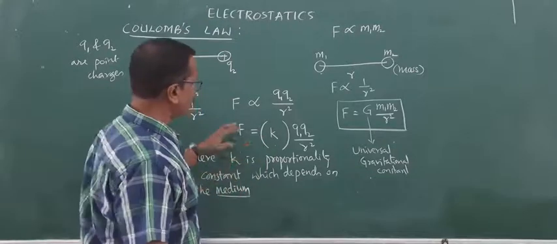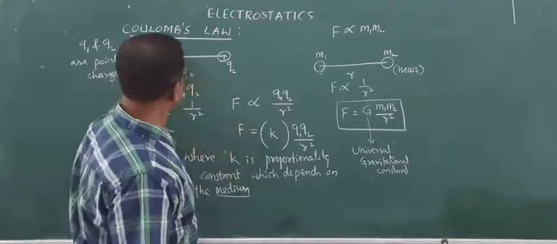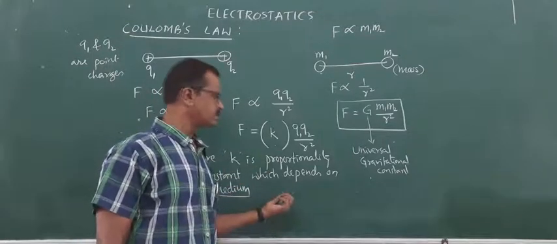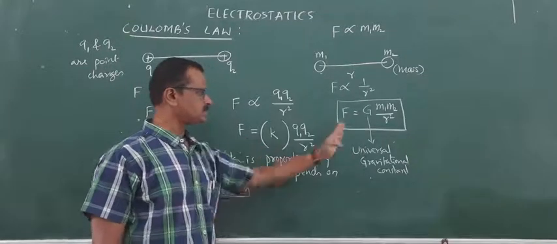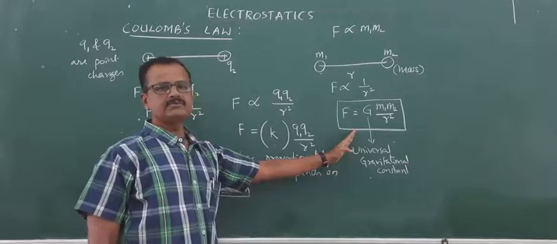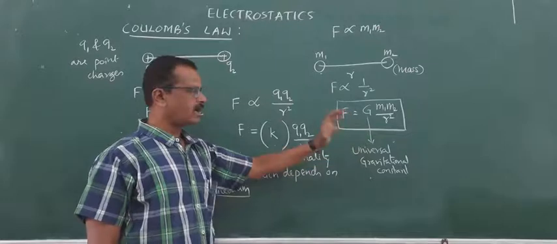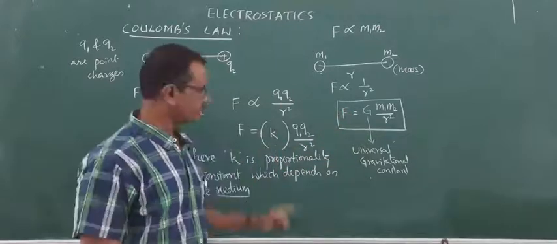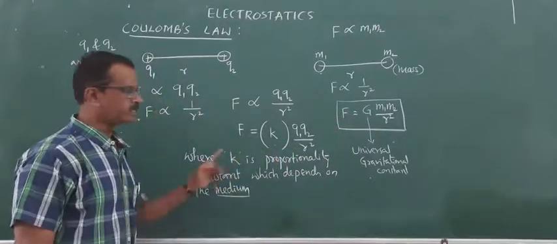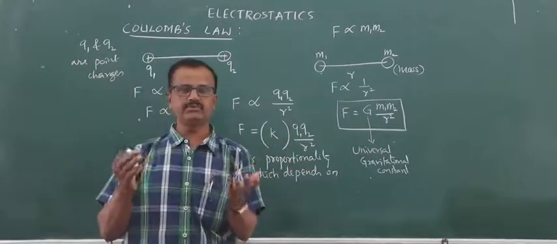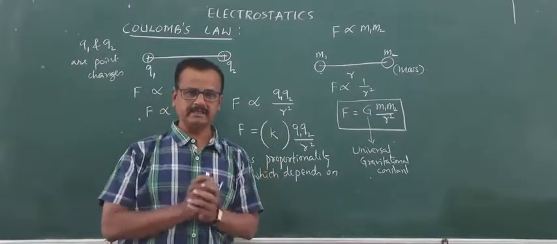First we will write this Coulomb's law statement, and then we will look into this equation, which appears just like the force of gravitation. The force of gravitation is always attractive in nature, whereas the force of electrostatic interaction may be attractive if the charges are unlike.